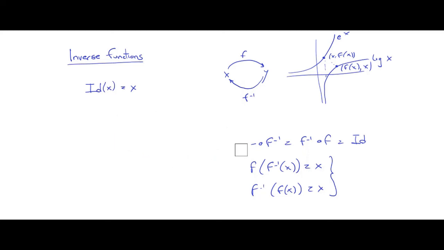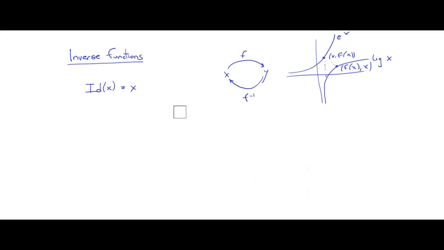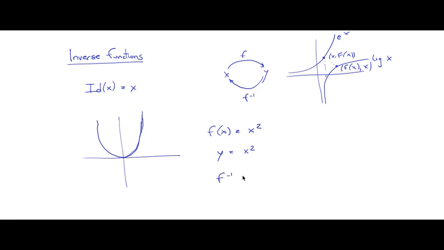Inverse functions are interesting in that, for instance, with a function like x squared, if you want to define an inverse function, say f of x is x squared. Now if I give you a given y, where y is x squared, can you give me f^-1 of y such that I get the original x?